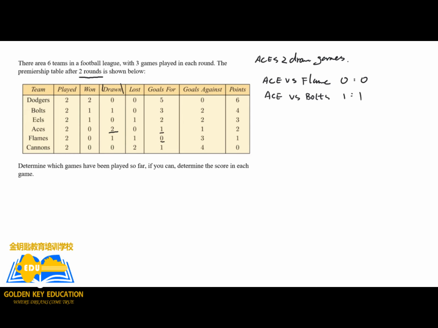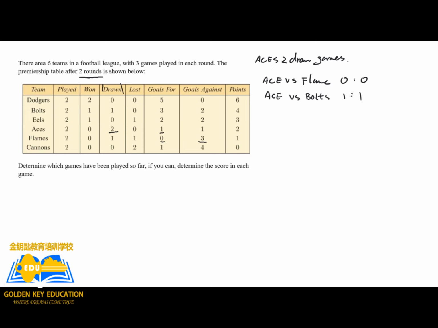The next thing is, if you check how many goals that Flames lost, there are actually 3 goals against. So therefore you can say Flames must have lost their game 0 against 3.